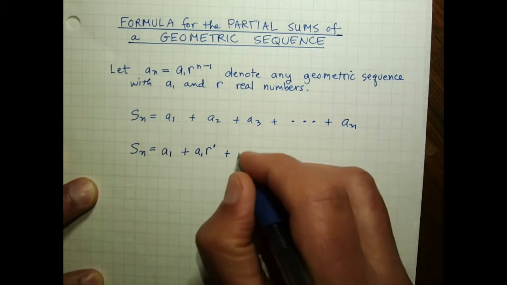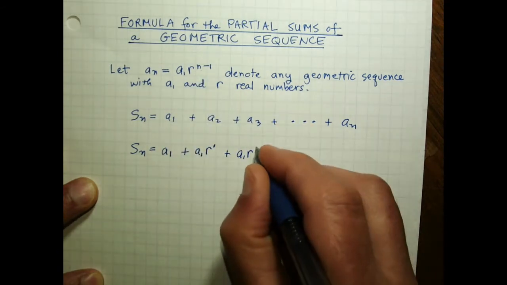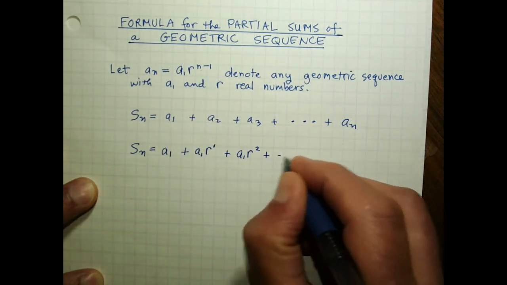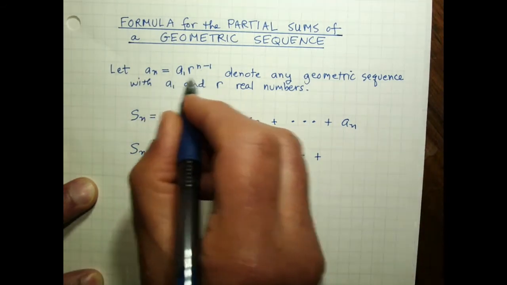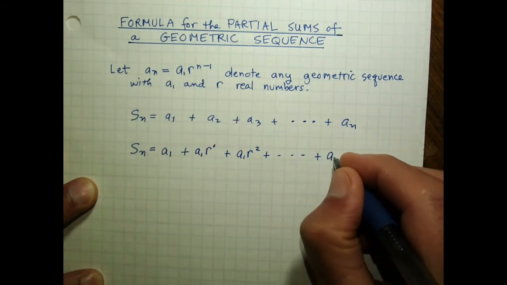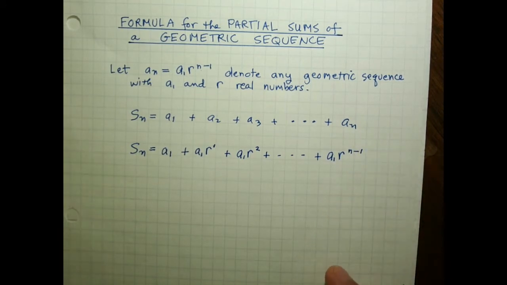Then for a3, I get a1 times r to the 3 minus 1, or 2 power, plus all the way down the line. An will look just like that general expression for the sequence, a1 times r to the n minus 1.